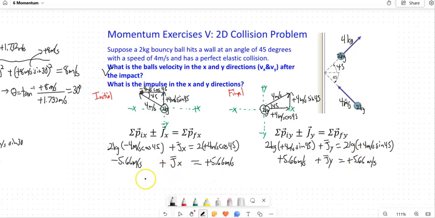Now to calculate the impulse, if you look at this, its velocity in the y direction isn't changing, but its velocity in the x direction is tremendously changing. It's moving to the left, and now it's moving to the right with the same velocity that it came in at. So we're going to take this negative 5.66 and add it to the other side.